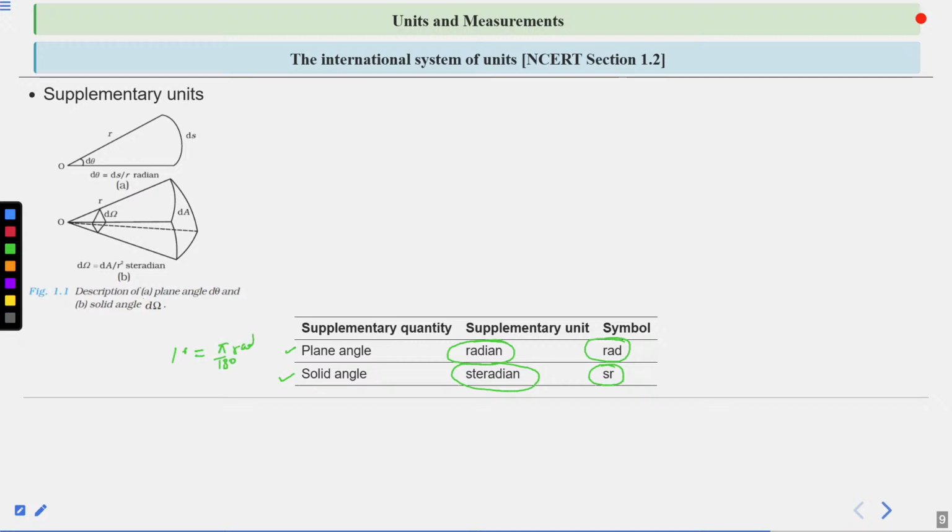Yes or no? One degree is equal to pi divided by 180 radian. So this is useful to convert degree to radian. Clear? Any doubt?